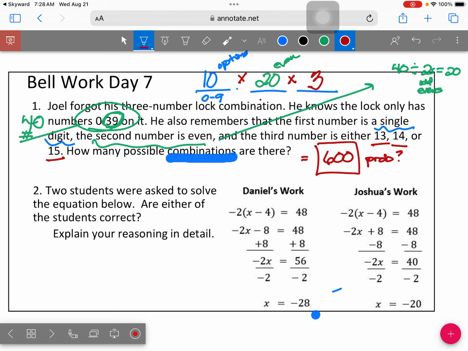So 1 times 1 is 1, and 2 times 6 is 12. So the probability of getting both of those is 1/12. Okay? Any questions on that? All right, let's go to the second one.